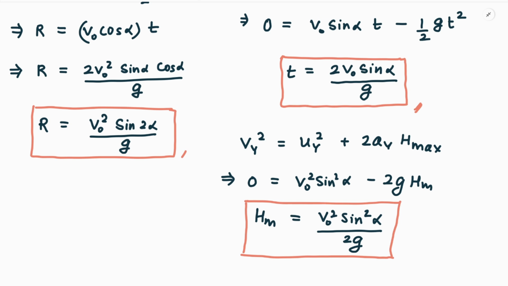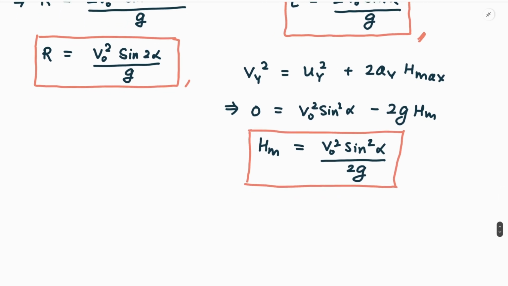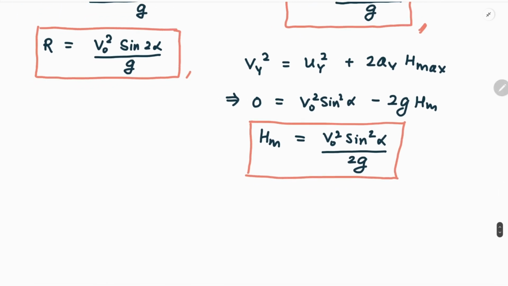Now in the second question it is also asked when the range and h max will be equal. So once we have the expressions for range and h max, the only thing we need to do is equate them for r equals h max.